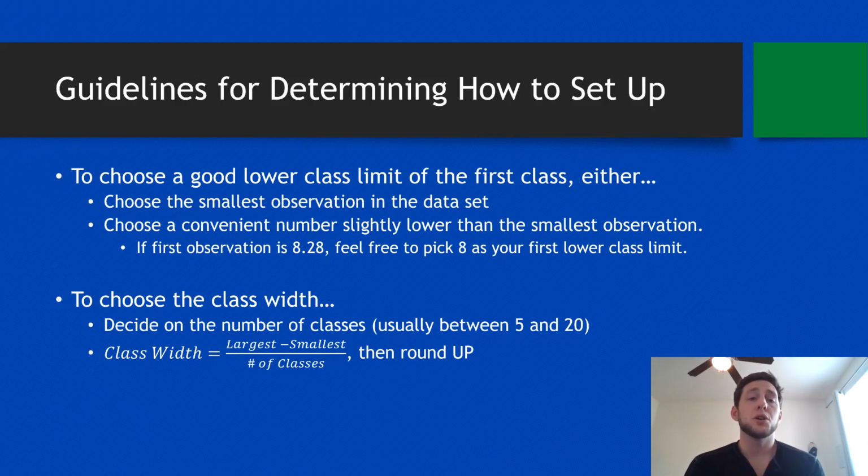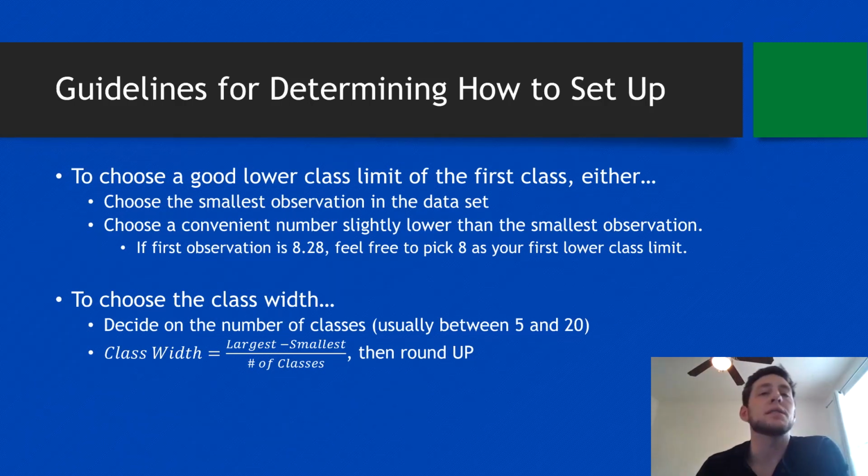So to choose a good lower class limit of your first class, either choose the smallest observation in the data set. So for instance, if I am doing IQ scores and the smallest one is 85, maybe I start at 85. Maybe I start lower though, because the second option is to choose a convenient number slightly lower than the smallest observation.